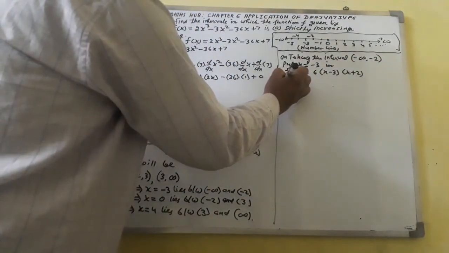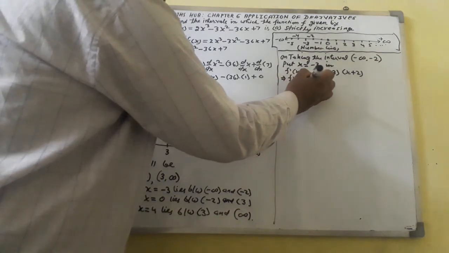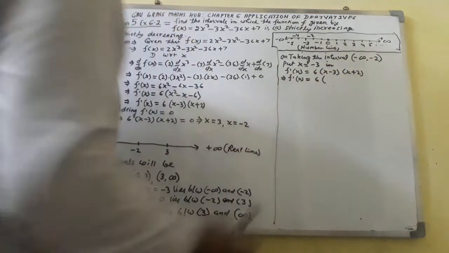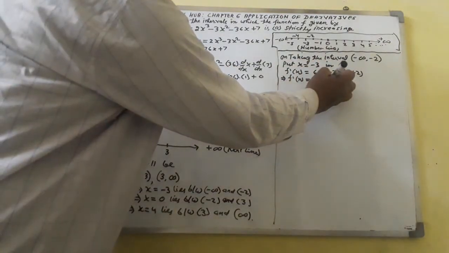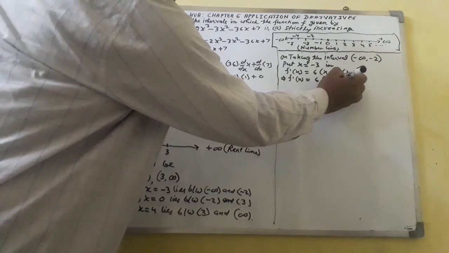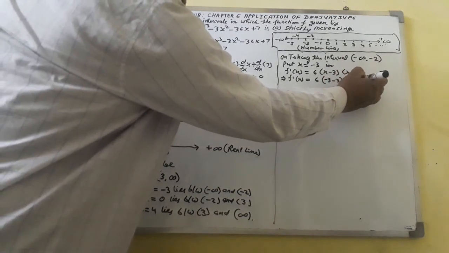So here I shall write f dash of x equal to 6. In place of x I shall write minus 3. So minus 3 minus 3, and here minus 3 plus 2.